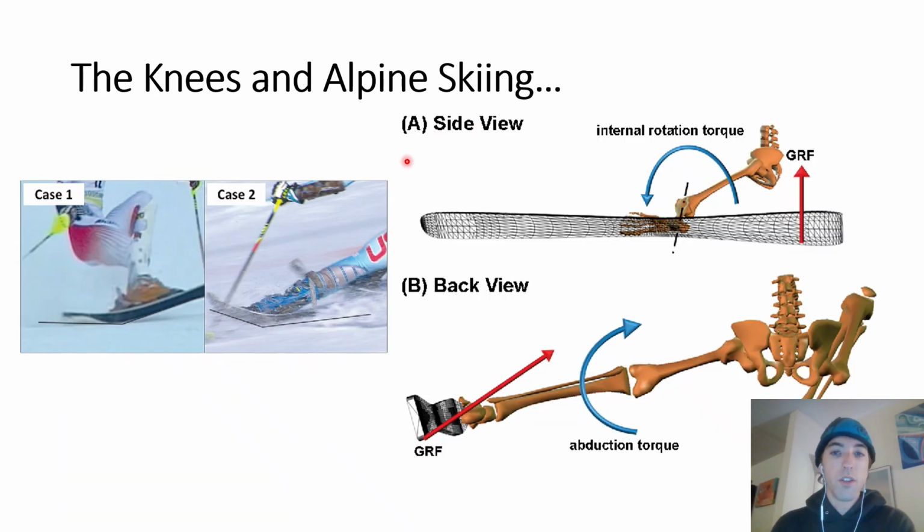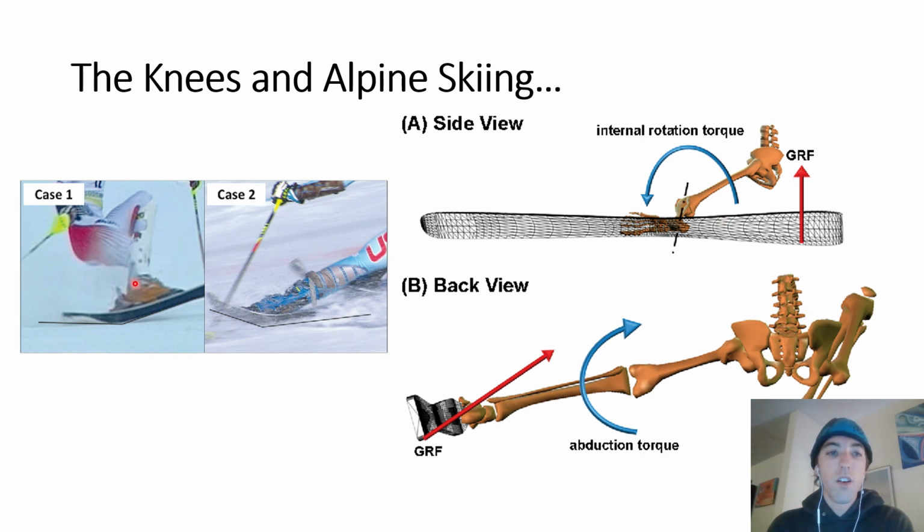It's also important to consider that the skis place different levels of forces on the body than any other sport, really. This is because the ski itself generates a moment arm, and this creates torque.